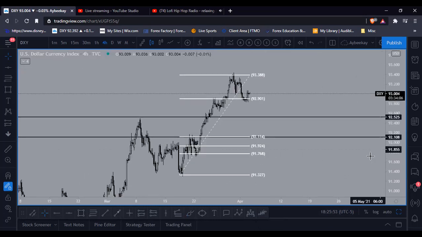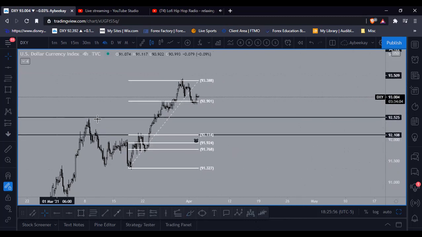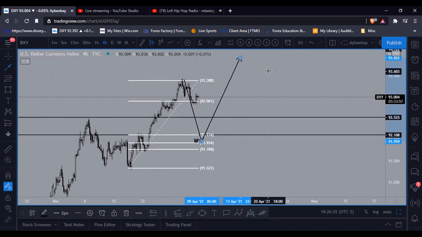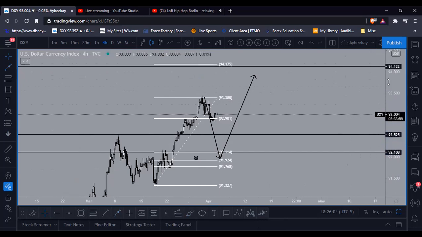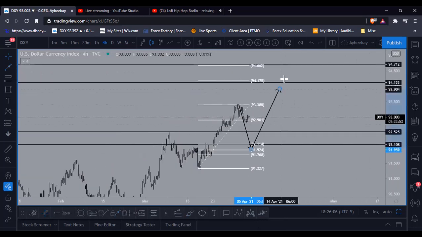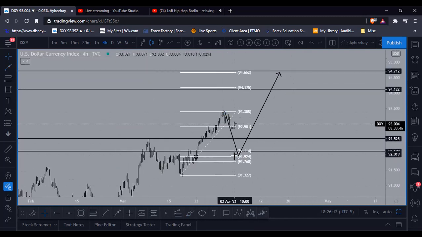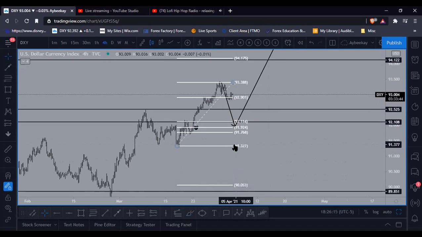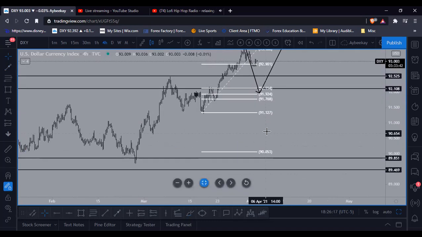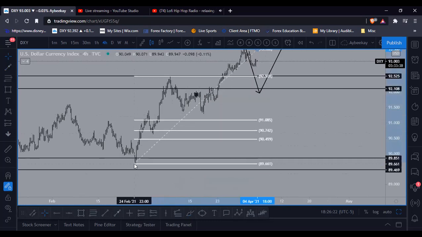So yeah, what I am expecting, I'm really going to be watching for price to push down over here to 91.924. That's what I want to see personally, and then a push to the upside, right? And then if this fails, if this ends up not working out, like let's say if price comes down and then starts to drop lower and it comes to 91.327, that's when I'll say, okay, well then now I want to see price come down to 90.742.